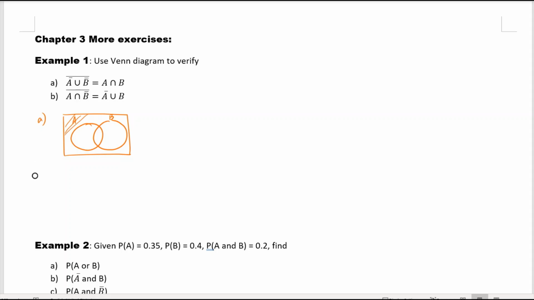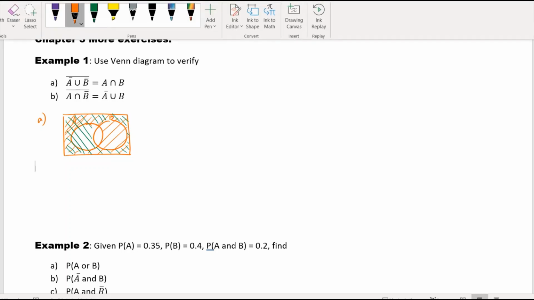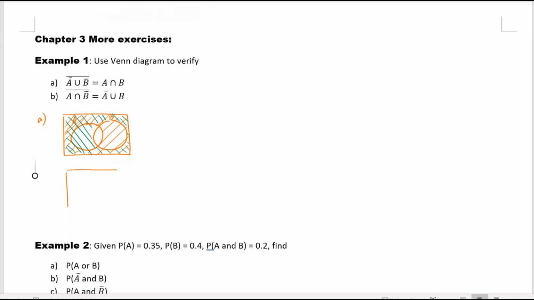A complement is outside of A, and B complement is outside of B. When we take the union, it is everything outside of this region. Okay, so this is A complement union B complement.